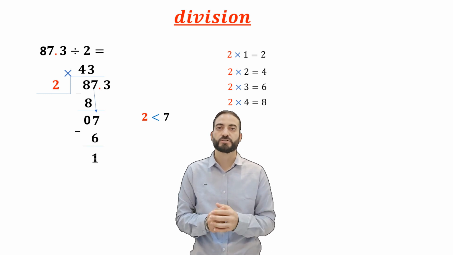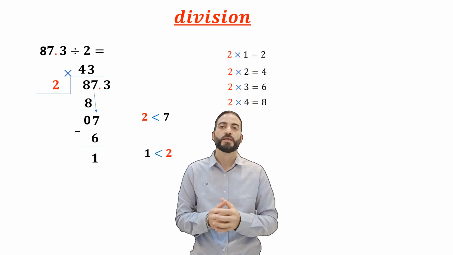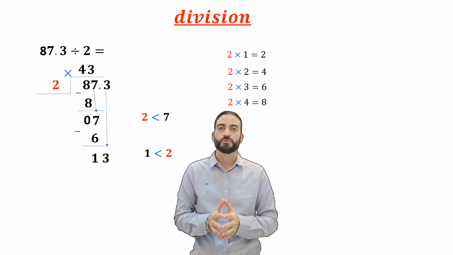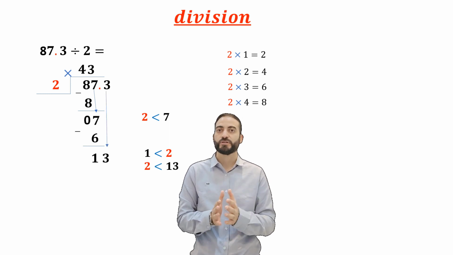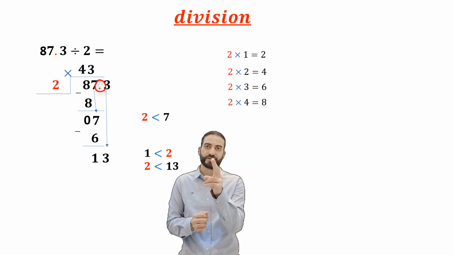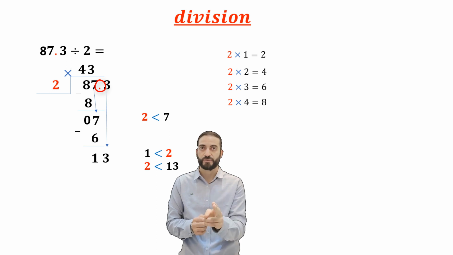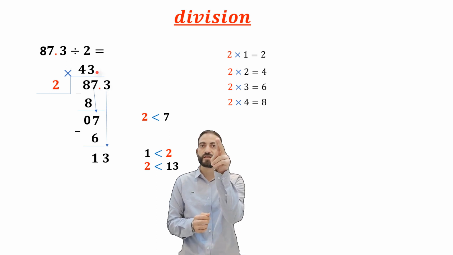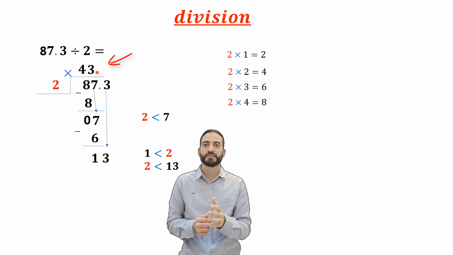Now we do subtraction. 7 minus 6 equals 1. Because 1 is smaller than the divisor, we put 3 here. But we noted that there is a point here next to the 3. This means that when we put 3, we must put the point here in the quotient and we get 13, which is greater than 2.